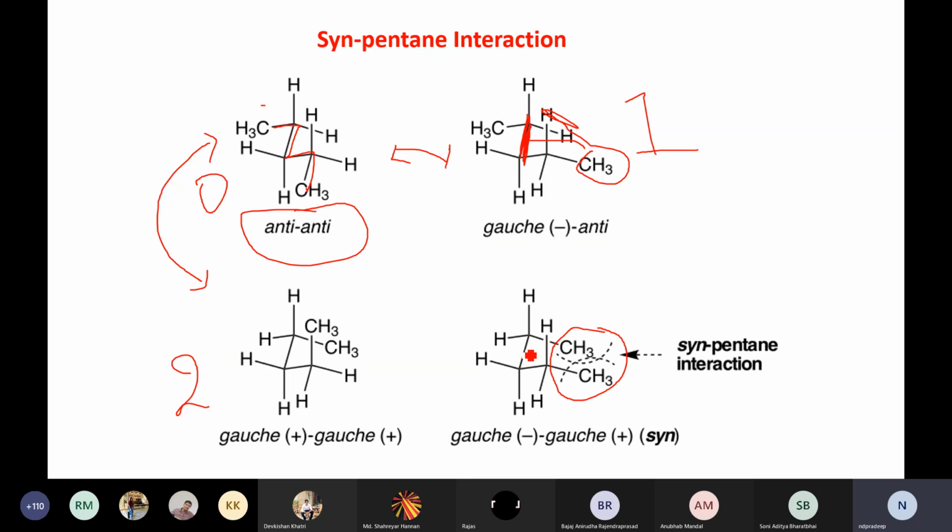If I ask you to tell the energies, this will be 2 gauche plus 1 syn, the highest energy. This will be 2 gauche, next highest, and this will be 1 gauche, and this will have no gauche. So the least energy conformer will be this one, the minimum energy conformer.